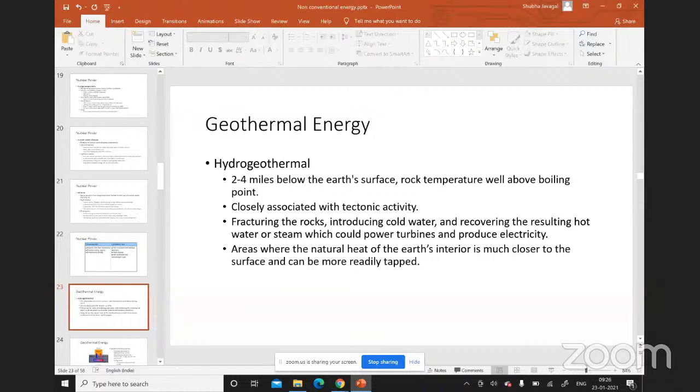Because of the heat in the core of the earth, the water gets heated up and converts into steam. That is seen as a potential source of energy, and that steam, which is really very hot, can be converted into electricity. That is called geothermal energy.